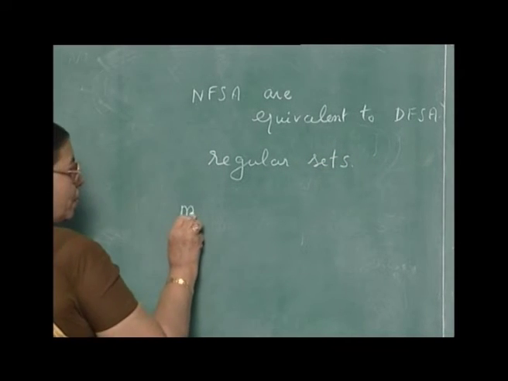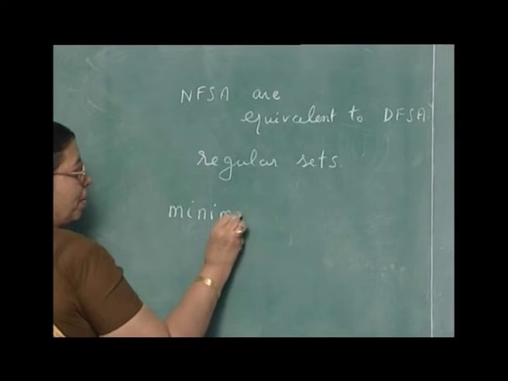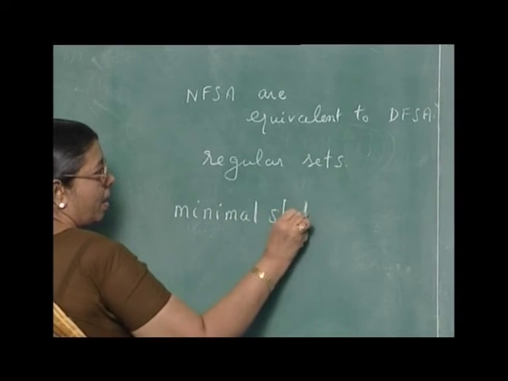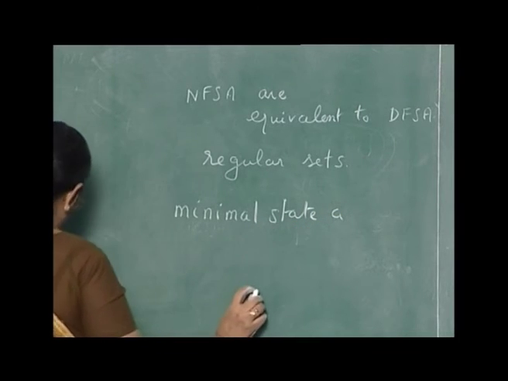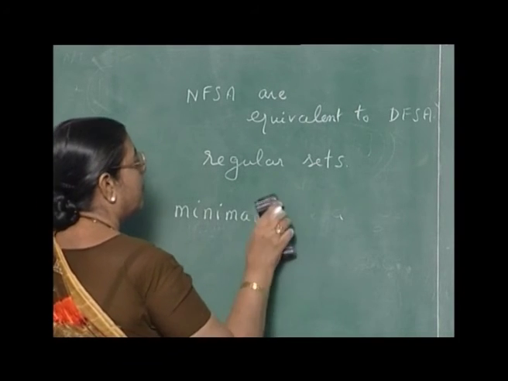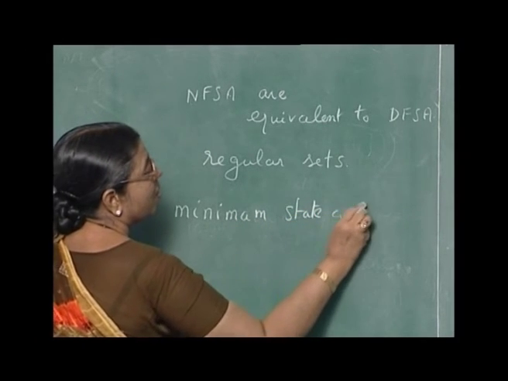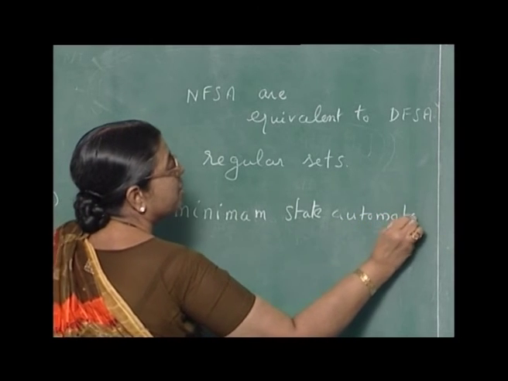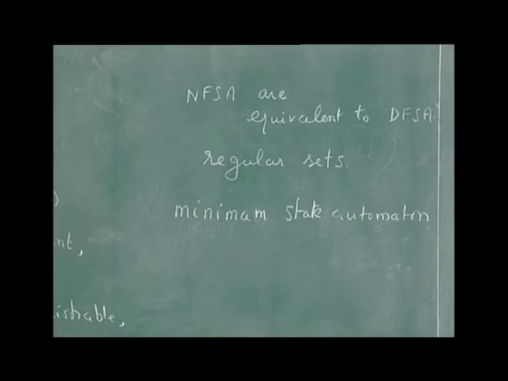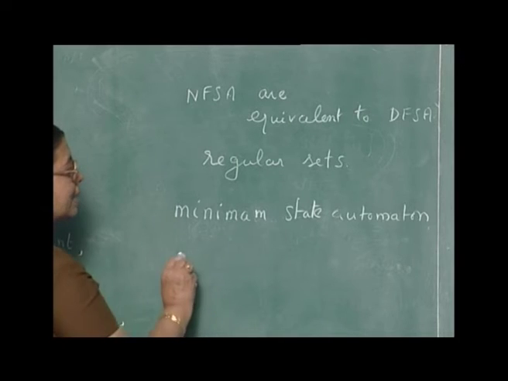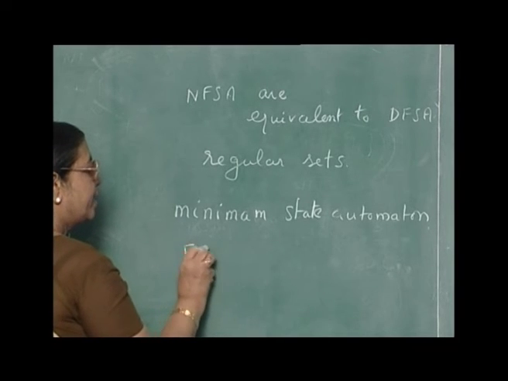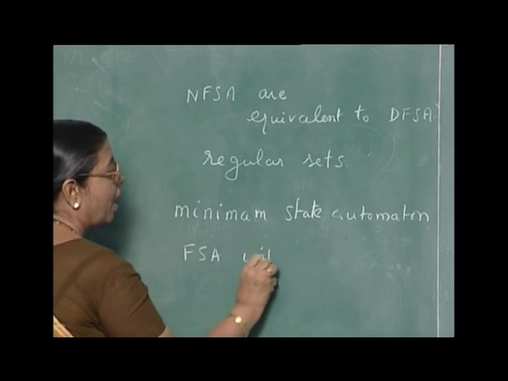And we have also seen how to construct the minimum state automaton. This also we have seen, and we have also seen what are equivalent states, what is a distinguishing sequence and things like that. In the last lecture, we considered FSA with output.